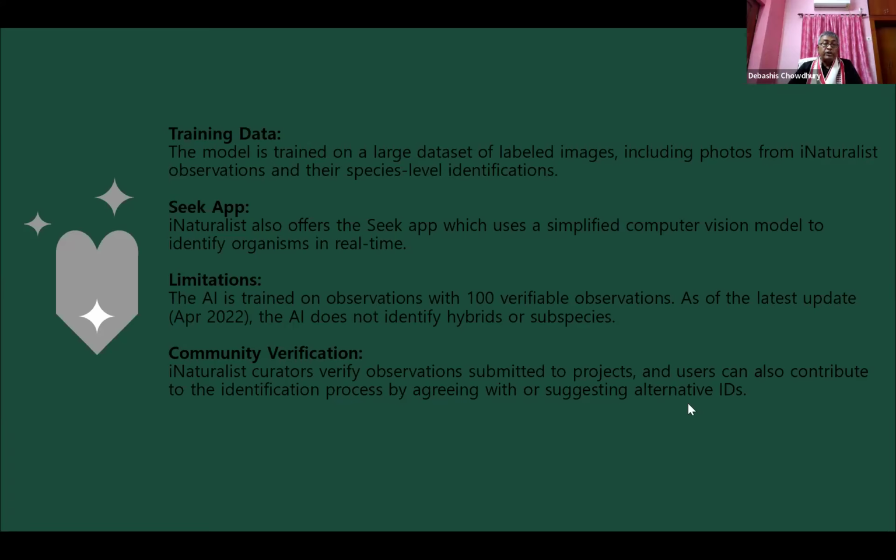Community verification. iNaturalist curators verify observations submitted to projects. Users can also contribute to the identification process by agreeing with or suggesting alternative IDs. So iNaturalist has a pool of curators. They verify observations submitted to various projects, and users can also contribute to the identification process.